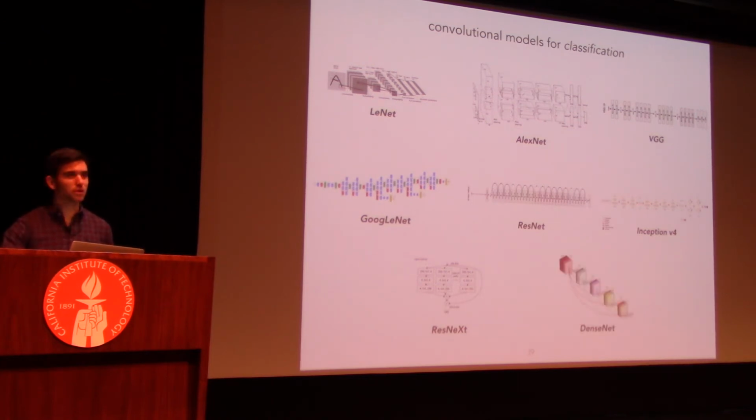I won't go into the details of all of these networks, but broadly, the networks have gotten deeper in general, and here we have these residual connections that we talked about last time. There's been a push toward breaking out each individual layer into multiple sets of convolutions, so you're operating not just on a 3x3, but also a 5x5 and a 7x7, for instance.